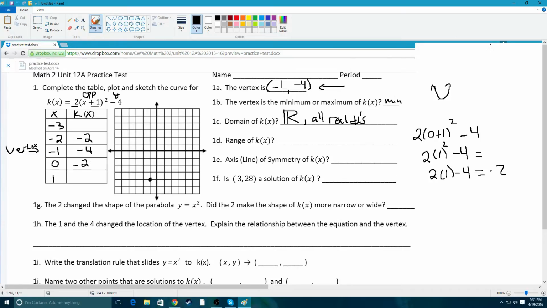And next, I'm going to come over here to the right again, and I'm going to plug in a +1. So 2 times 1 plus 1 squared minus 4 comes out to 2 times 2 squared minus 4, which is 2 times 4 minus 4, which comes out to +4.